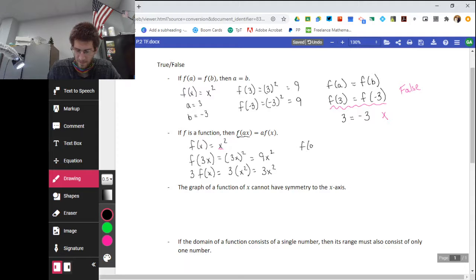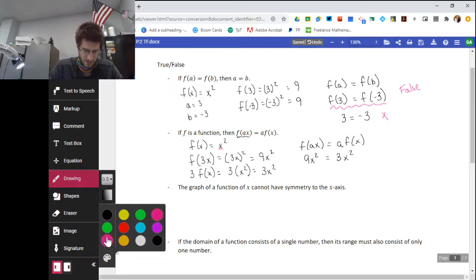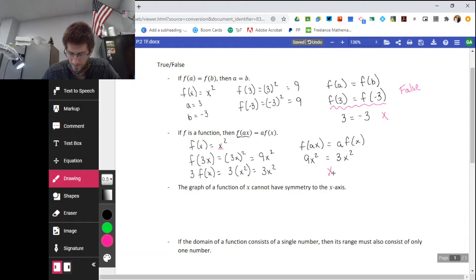So f of a of x equals a of f of x would mean in our case that 9x squared equals 3x squared. And I think we'll all agree that that is not true. So this is another false statement, and we have this counterexample to prove it. All right, we're on a roll with the false here.